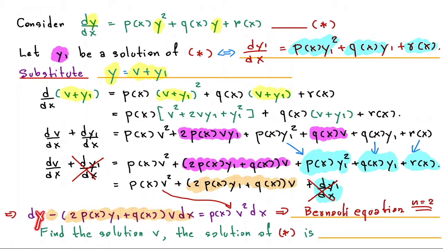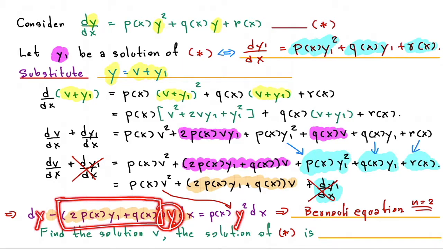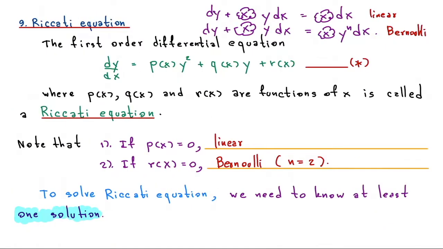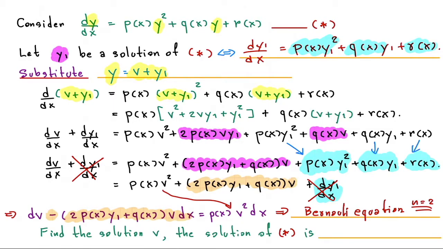V is actually the y. So we have dy, and we have some x, and we have one y here. And then we have y squared with some x. It looks pretty much like the Bernoulli. See? So it becomes Bernoulli. So we can find the solution v.